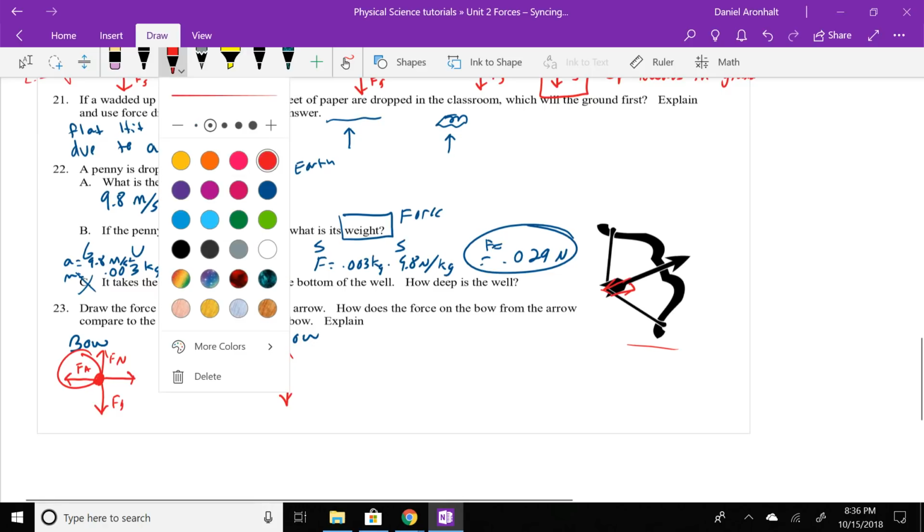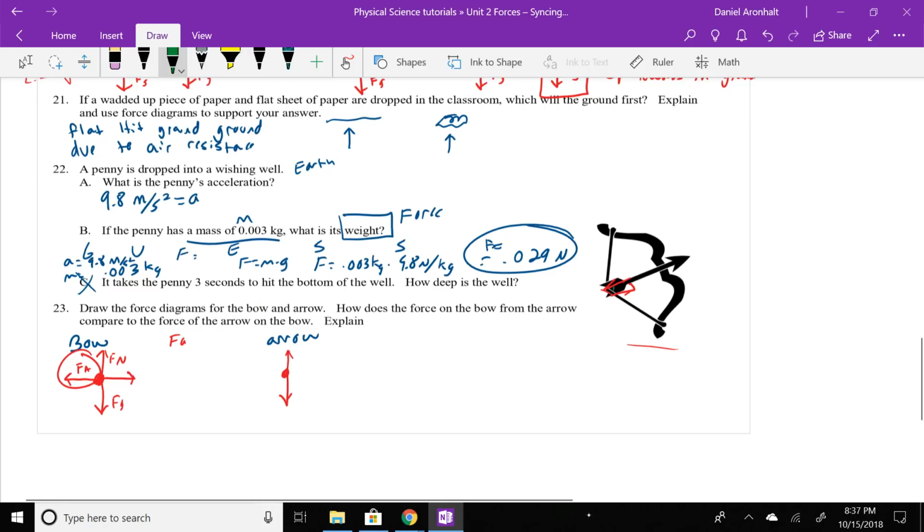And let's actually make it a different color, because that's the entire point of this question, is Newton's third law. So if the arrow is being pressed down this way, then the string is pressing on the arrow with the exact amount of force in the opposite direction. So this arrow right here better equal the applied force of the string. They better be the same amount. So this is going to be an F sub A, and that's going to be the bowstring itself.